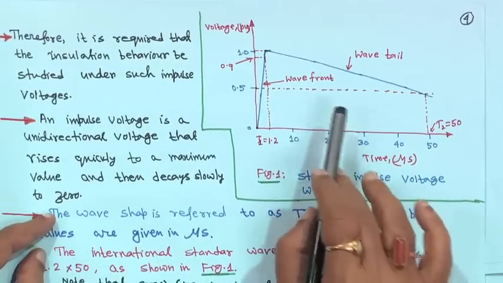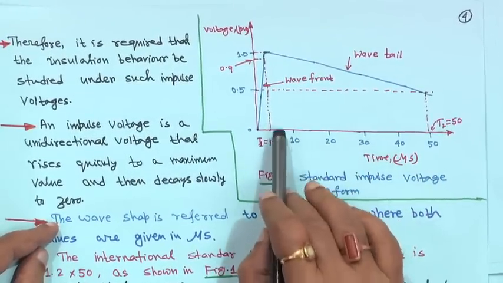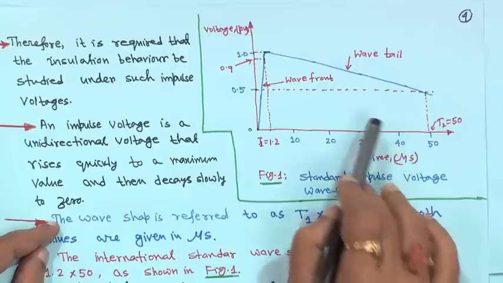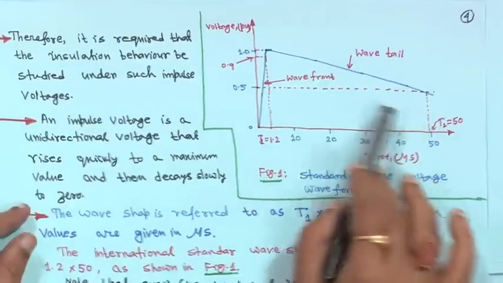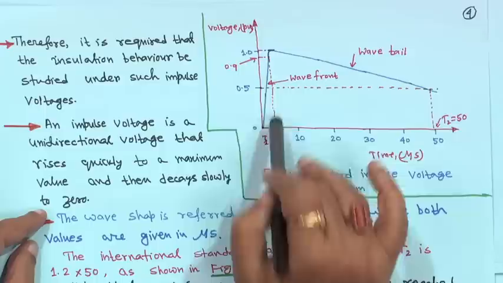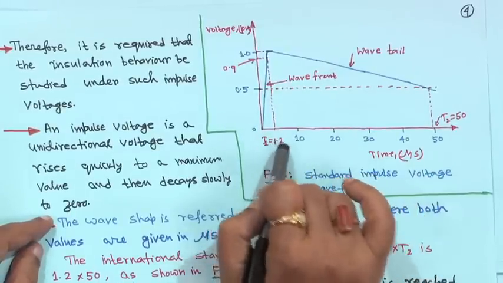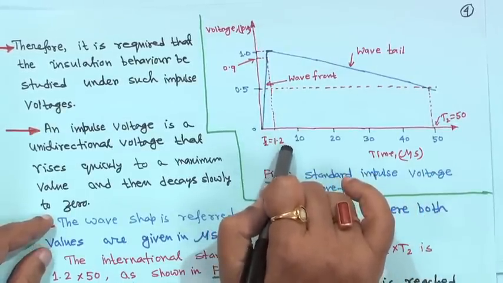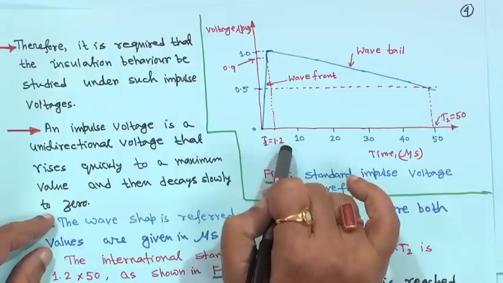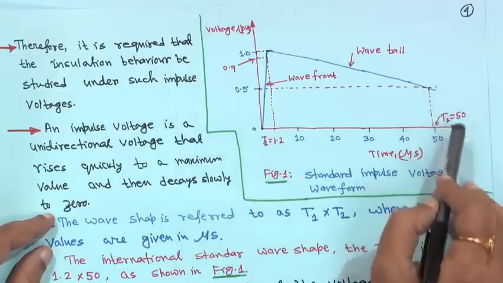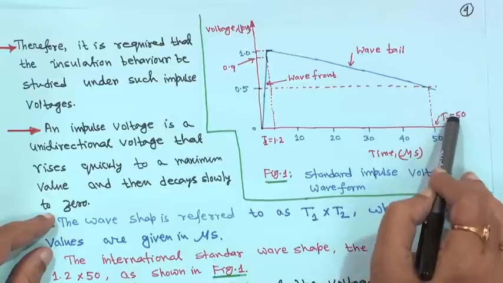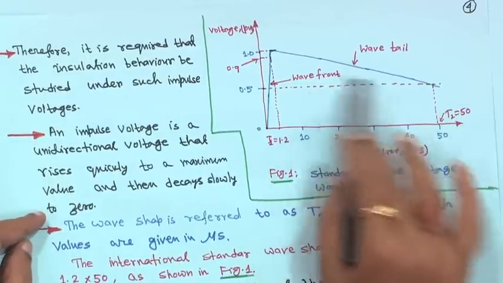But let me tell you, this is a standard case, and in reality it does not happen. I have seen in such tests that it may sometimes not be exactly 1.2 microseconds; it may be 1.3 or 1.4. Also, the tail time cannot always be 50 microseconds; it also changes, but this is a special case.